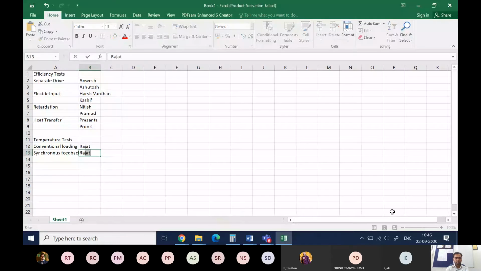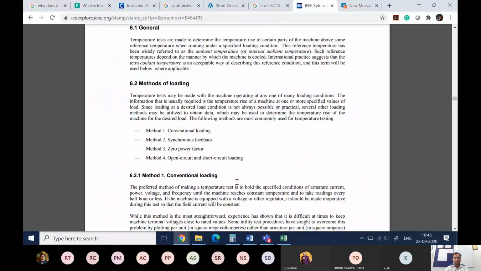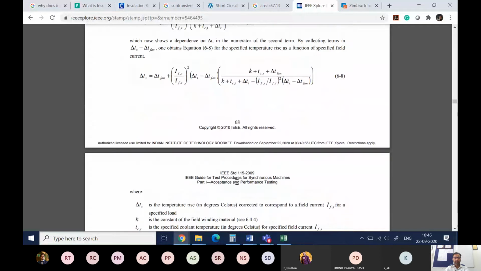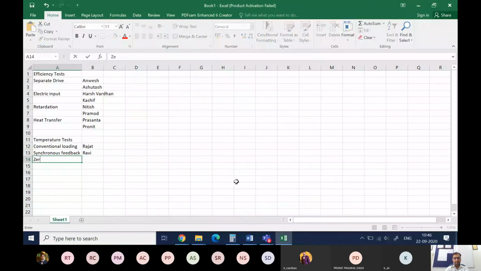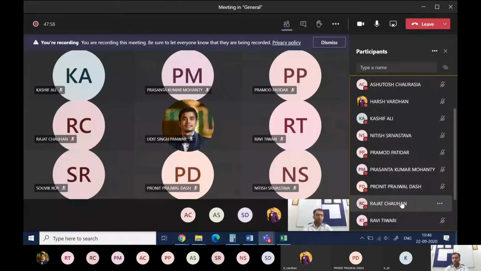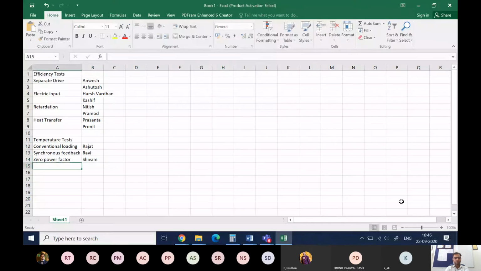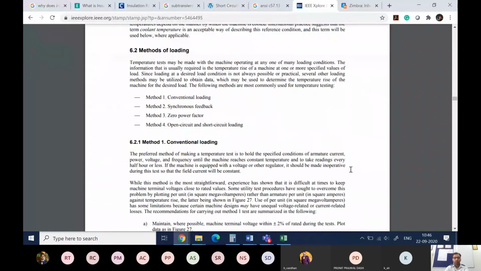The zero power factor method is a little bit more detailed, so that will go to 2 people, Shivam and Souvik. And then the last one, 4.7.